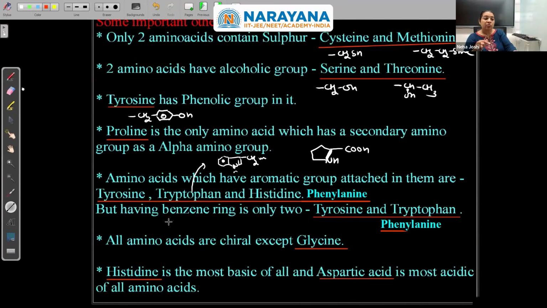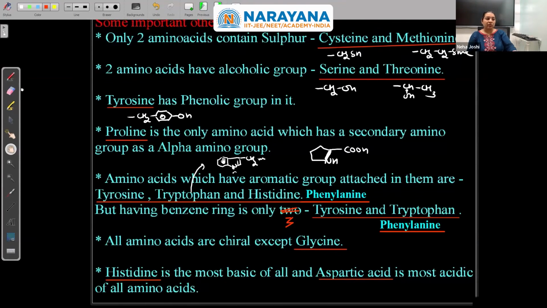But if we are asked how many of them have benzene, then it is tyrosine, tryptophan, and phenylalanine, not two, only three. Okay, three have a benzene ring present in them. Yes, but tryptophan, this is not exactly benzene.